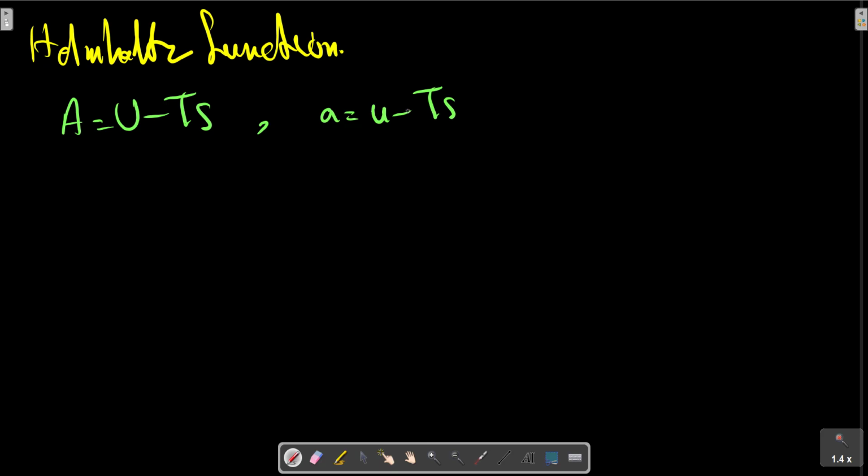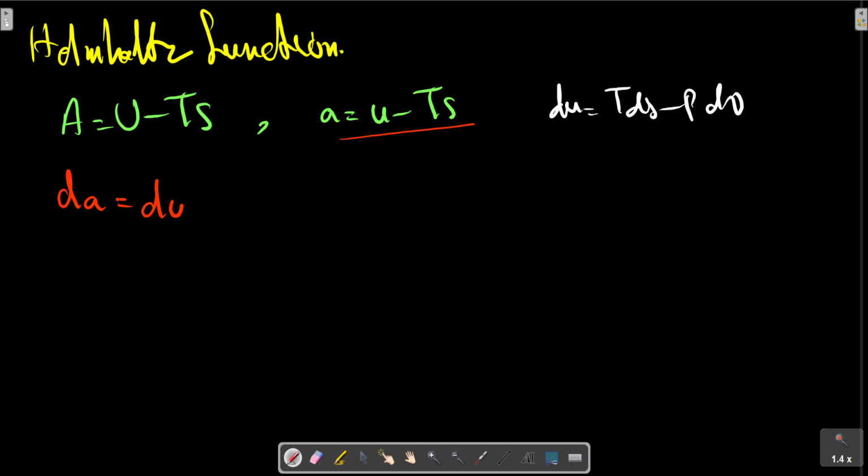Differentiating and substituting the equation dU equals T dS minus P dV, we can write dA equals dU minus T dS minus S dT.